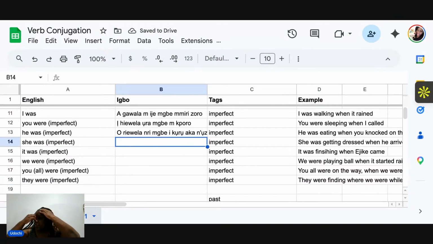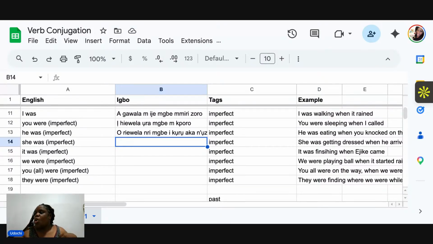Let's continue. So she was getting dressed when he arrived. How would you say getting dressed? First, you have to figure out how she would say getting dressed. Getting dressed is ine jikere or ine yiwe, right? Jikere is just getting ready or preparing, but yiwe.